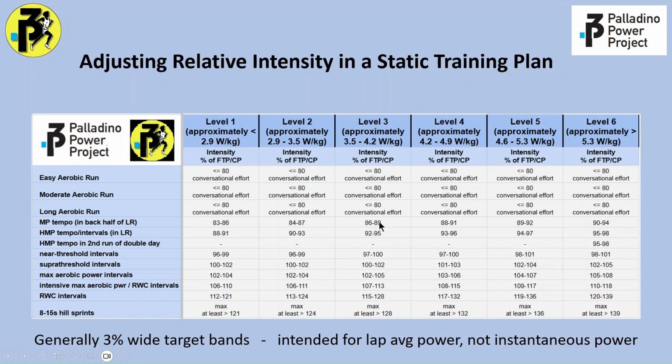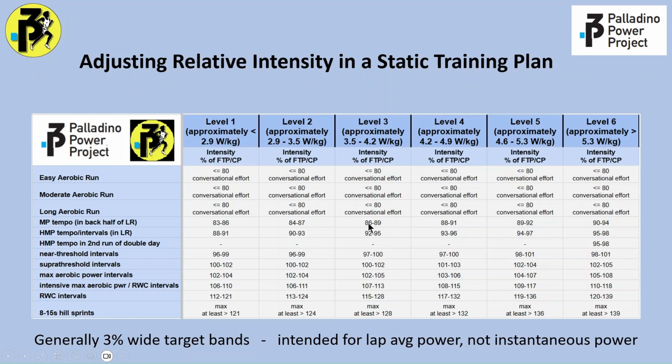More than that, you start getting into a significant difference of stimulus if you're, let's say, 5 or 6%. If you're executing at the top of the range, that's a whole different stimulus than at the bottom of the range. So let's say this is marathon power for level 3.